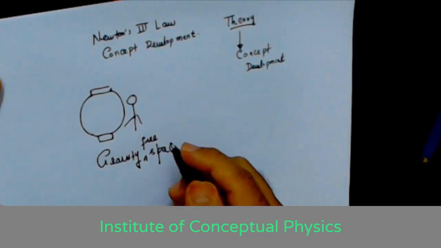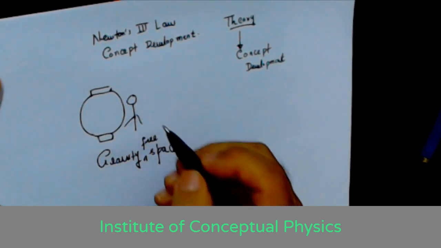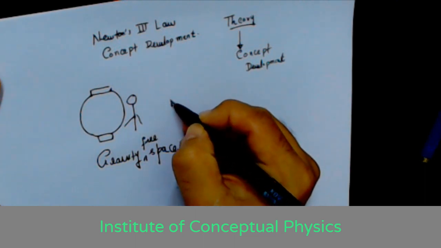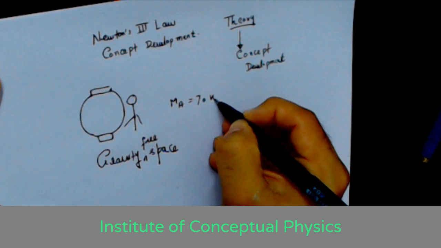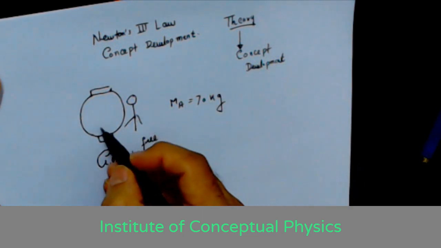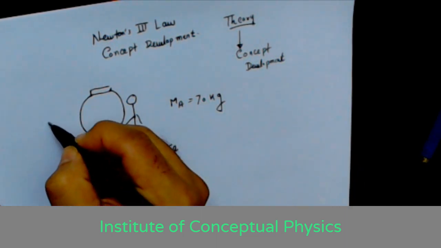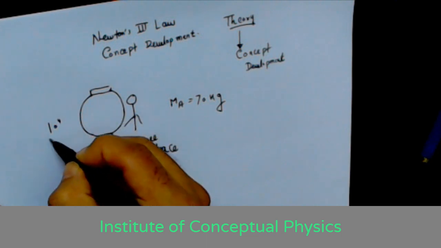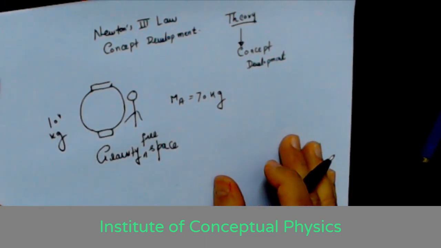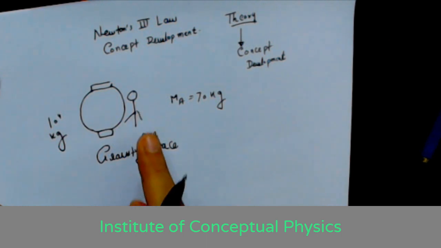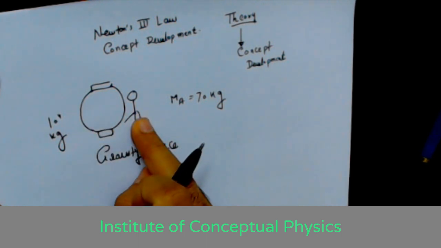Now what happens is the mass of the astronaut is given to be, let's say, 70 kgs, and the mass of the satellite is 10,000 kg. Okay. Now here is the situation. So this astronaut decides, he's outside the spaceship.